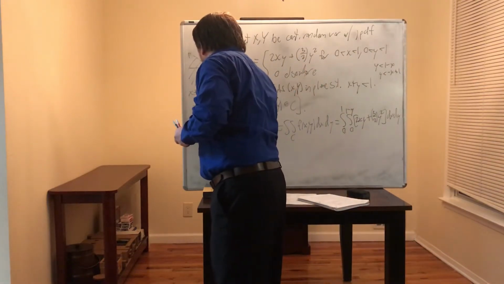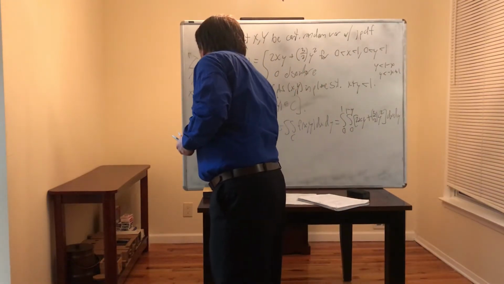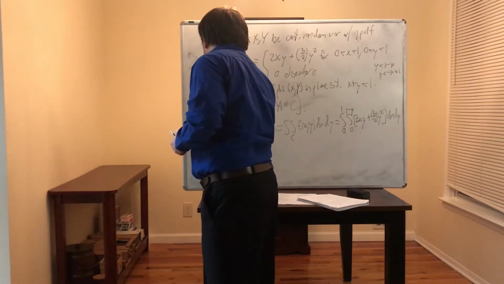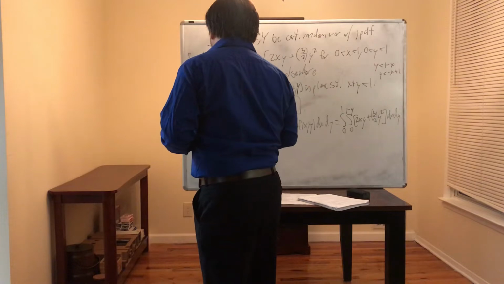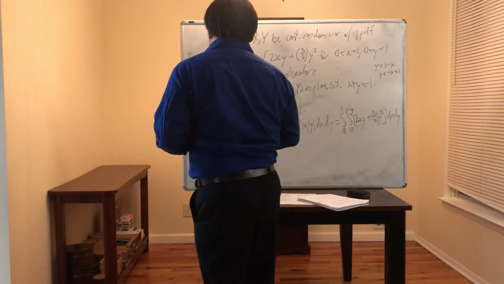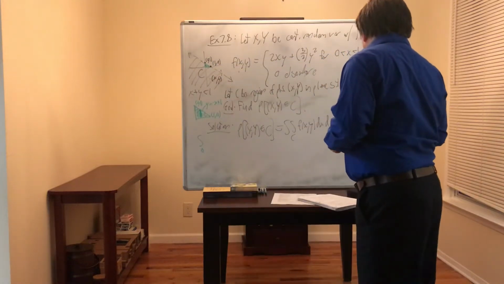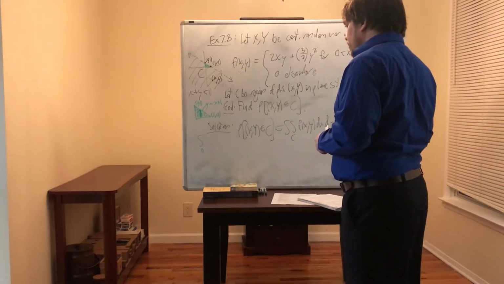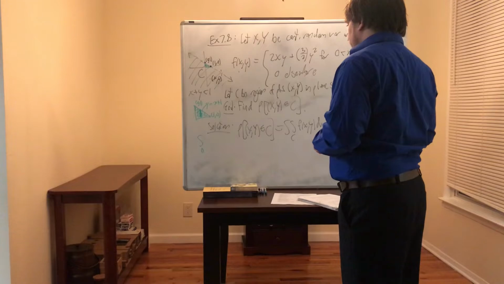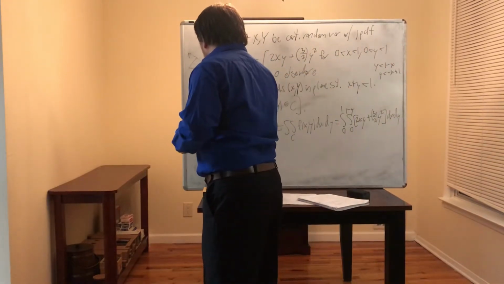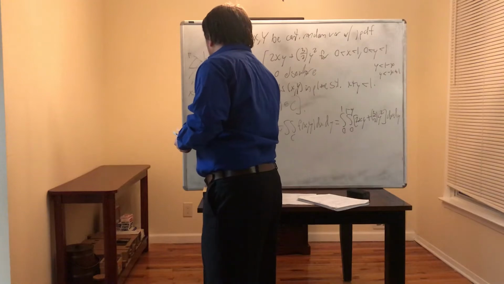If you draw a little rectangle here, then when you integrate with respect to x, you're going from 0 to... Actually, sorry. This rectangle is going to be sideways. So I'm going to integrate this way.